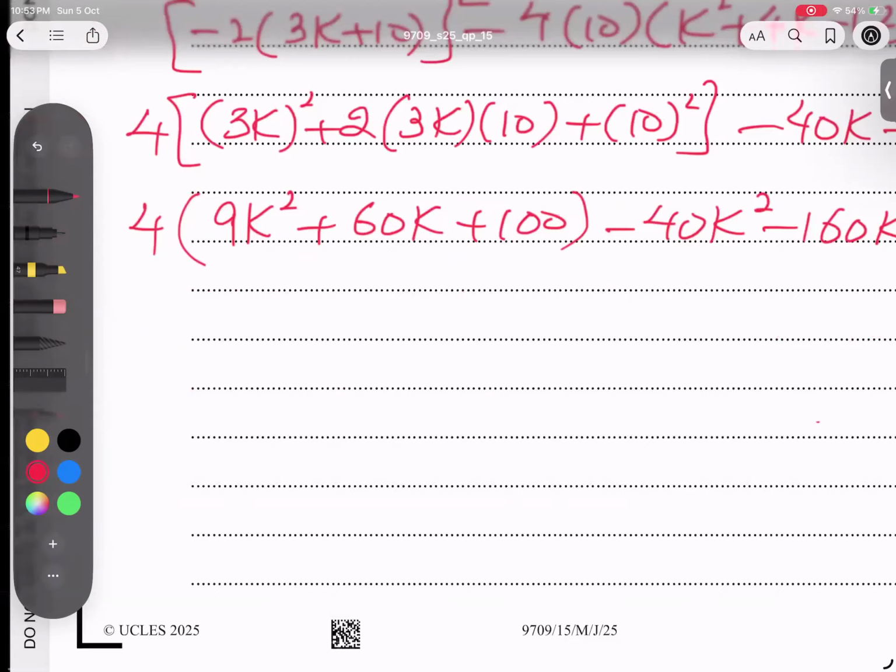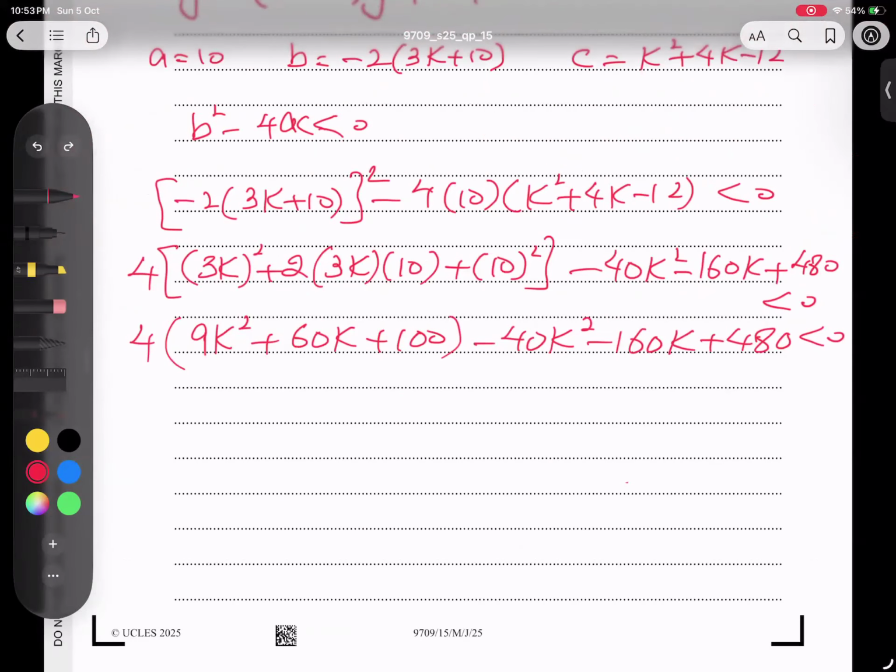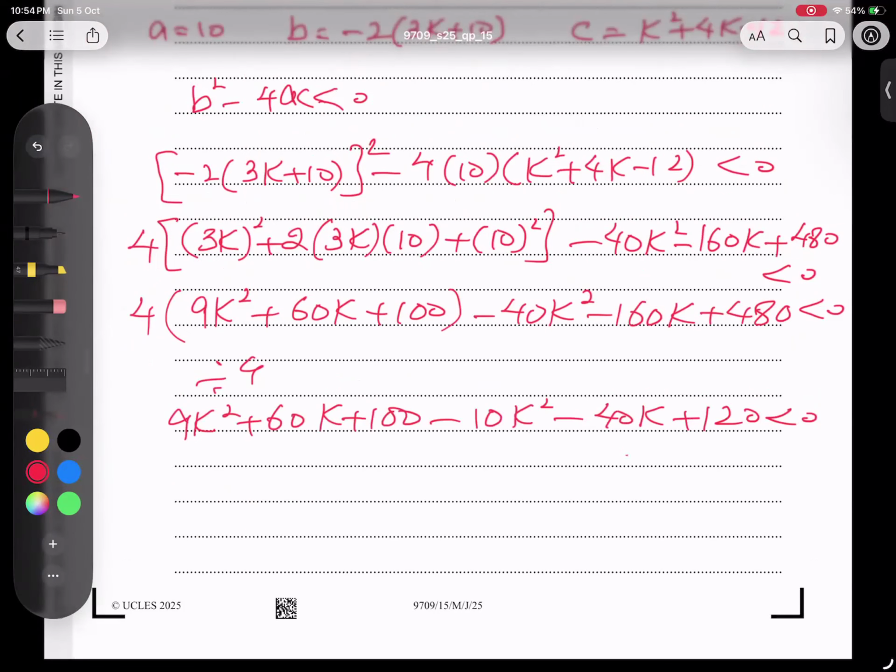Rather than multiplying 4 inside, if I divide the whole equation by 4, this 4 will go away. So divide by 4 to make the question easy: 9k squared plus 60k plus 100, here 10k squared, here 40k, and 120. I think now we are gradually reaching our target.